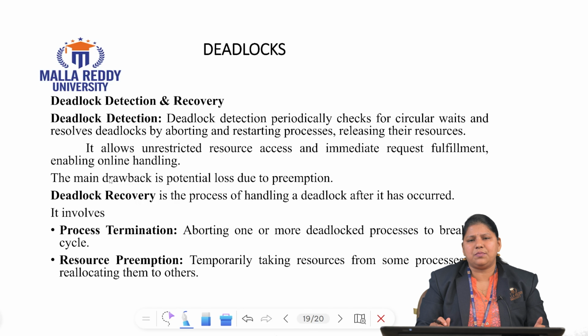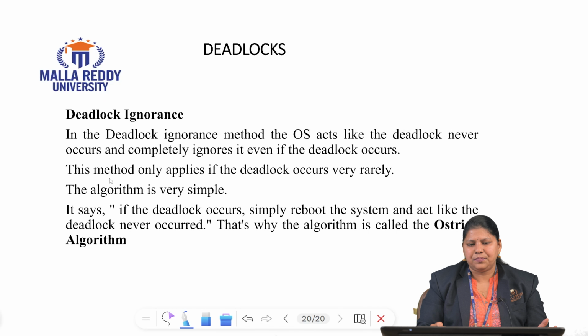Deadlock recovery is the process of handling the deadlock after it has occurred. It involves process termination and resource preemption. In process termination, aborting one or more processes involved in the deadlock will break the cycle. In resource preemption, we temporarily take resources from some processes and reallocate them to others.